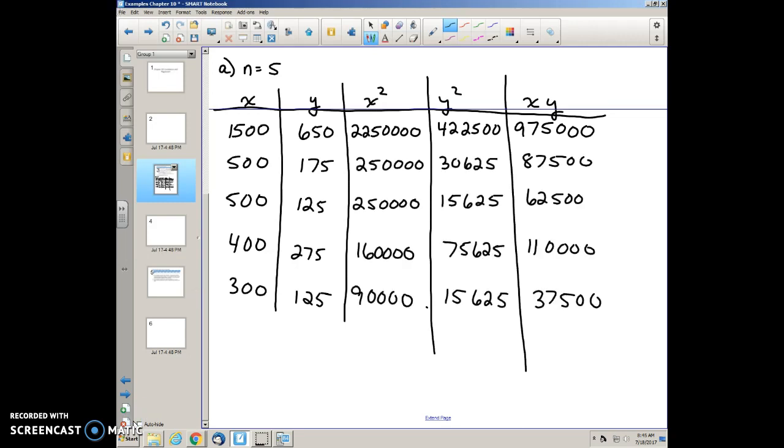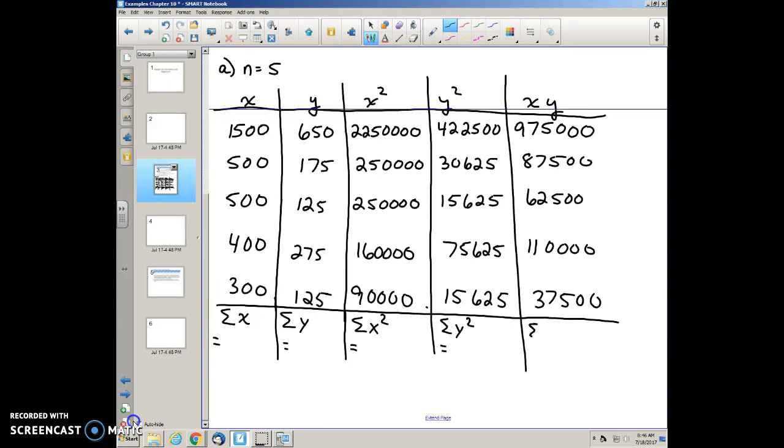Okay, now take a moment to check your work here. What I've done is I've completed each row the exact same way that I completed the first row. Next step is we need to add each column. So, for example, this column will be the sum of x. This column will be the sum of y. This column is the sum of x squared. This column is the sum of y squared.